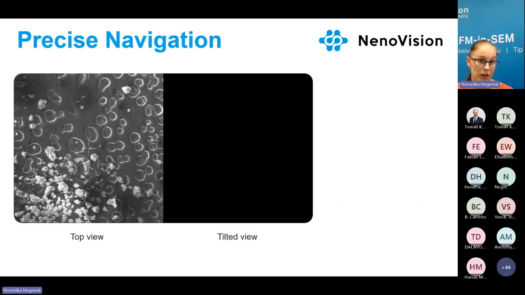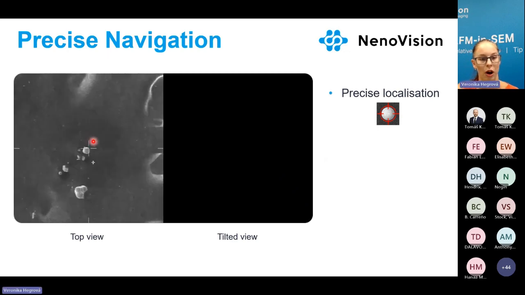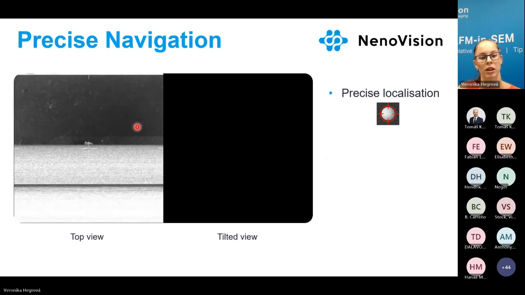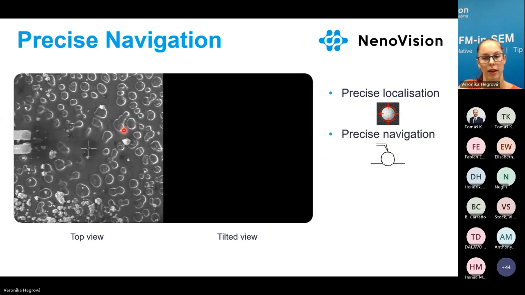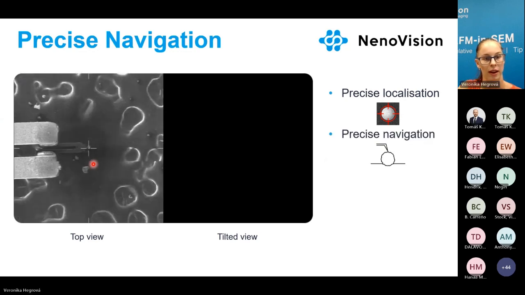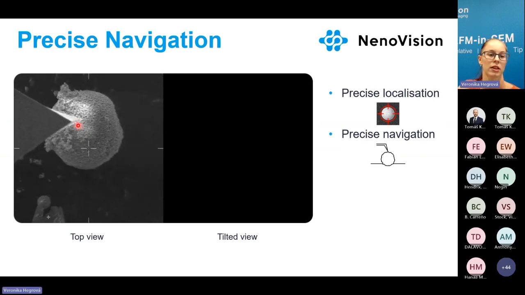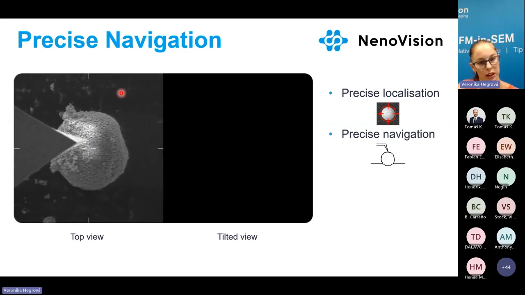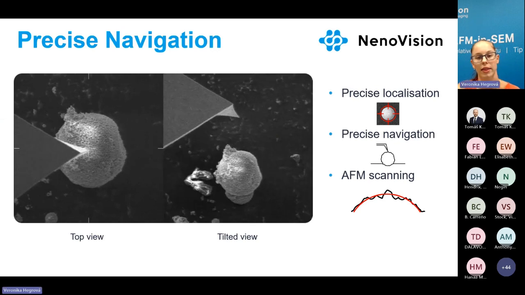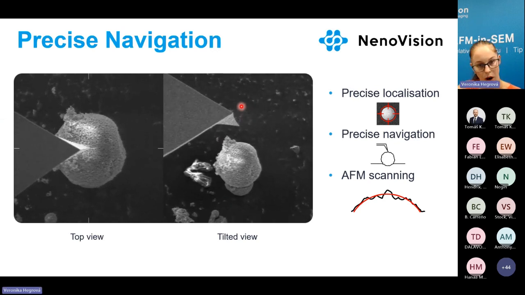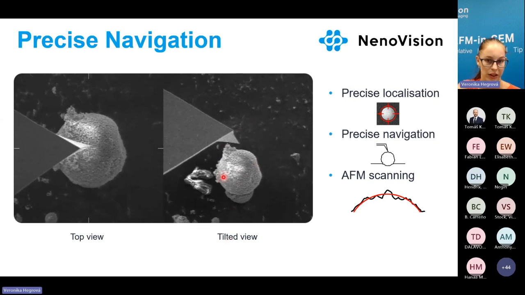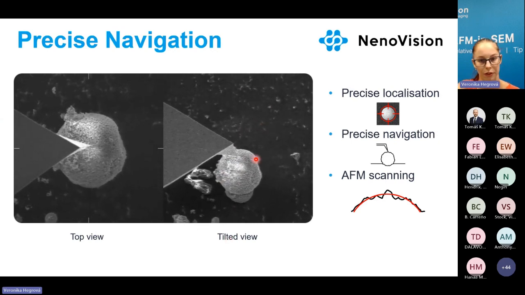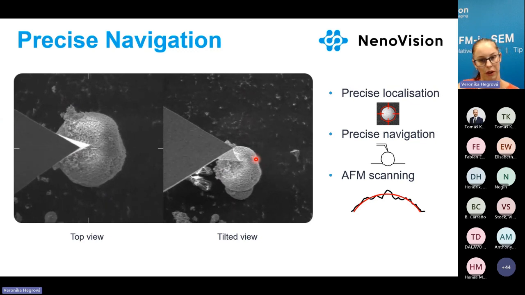And if we have a look at how it looks, we can see from the top that we are finding the structure, then navigating the tip on top of it, which is many times quite difficult if we don't have SEM. So SEM really helps, so that we can see the very end of the tip. And then we approach the particle. This is under tilt. It's not necessary, but it's nicely visible that it safely goes using auto approach, so we don't have to take care of it.